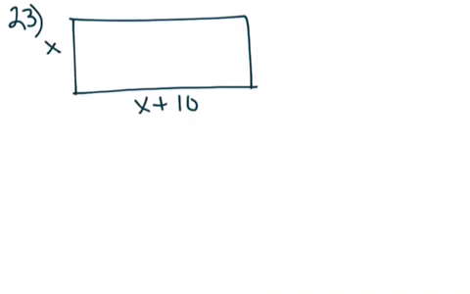Squares, which means they're the same length on all four sides, with sides 2 inches long are cut from the four corners. So we're going to cut a square out of each corner. And each side of the square is 2.